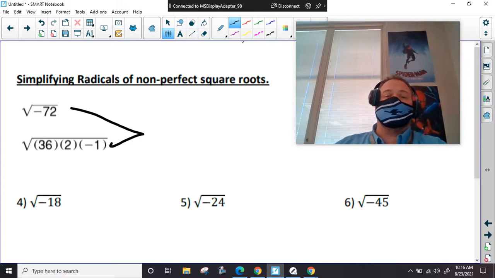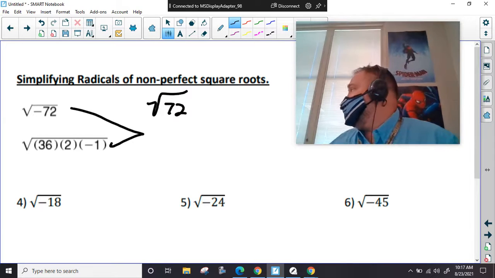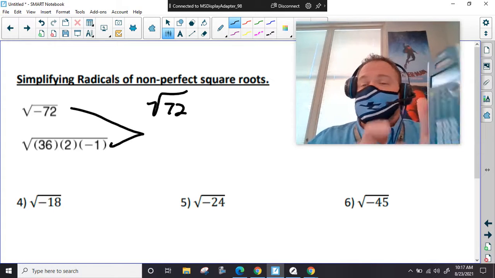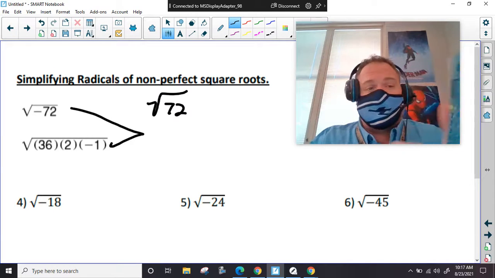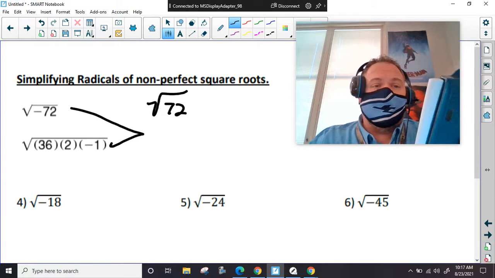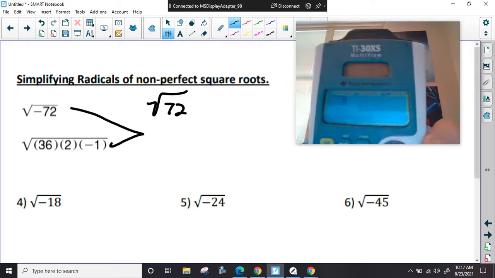So this is what I'm going to do with my handy dandy calculator. I'm just going to take the square root of 72, because I know if I put in a negative, it'll say domain error. So I got to be smarter than this calculator. So I'm going to do second, square root of 72. I'm going to hit enter.